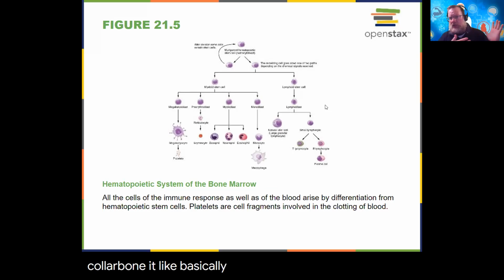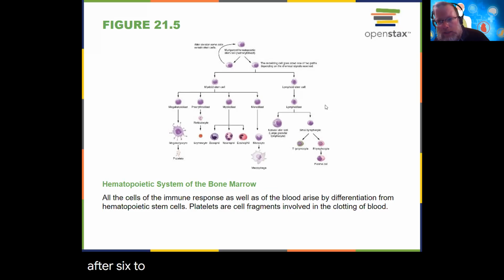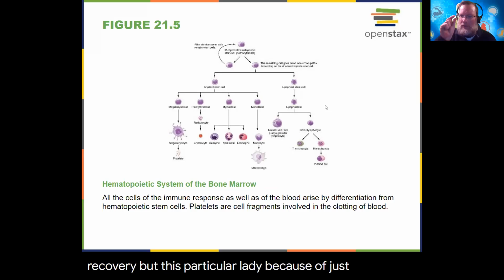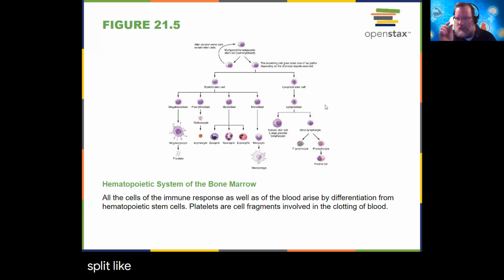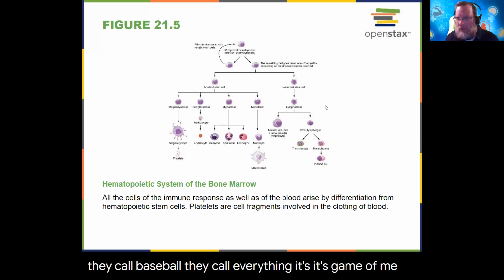It basically smashed in this side of her collarbone, and maybe a broken leg. Normally after 6 to 8 weeks, patients should be on the road to recovery. But this particular lady, because it's a game of inches, right? They call life, they call baseball, they call everything, it's a game of millimeters sometimes.